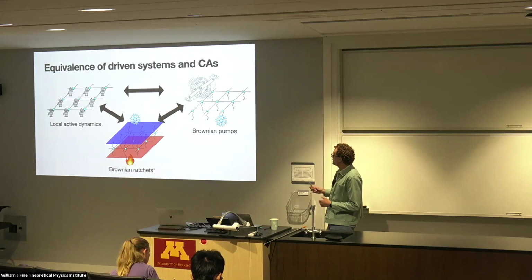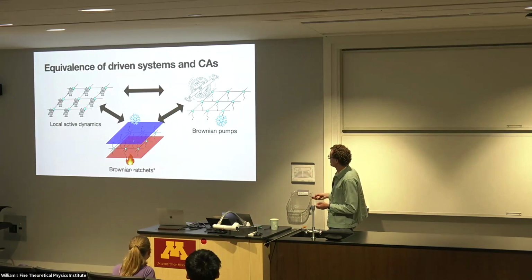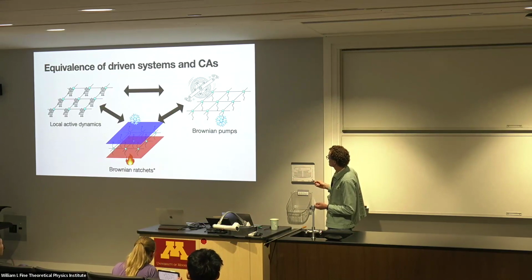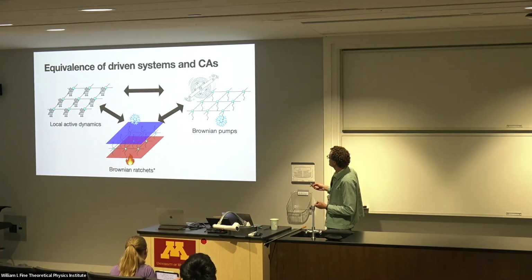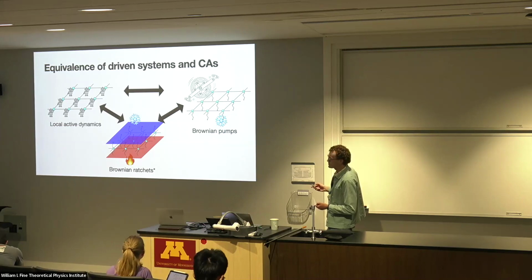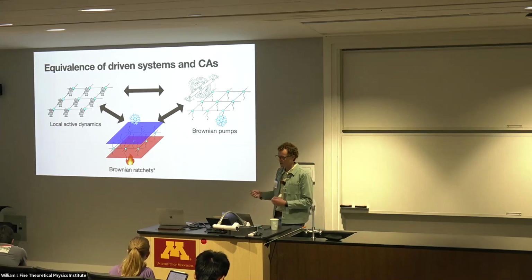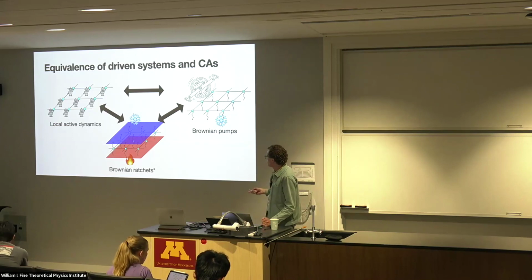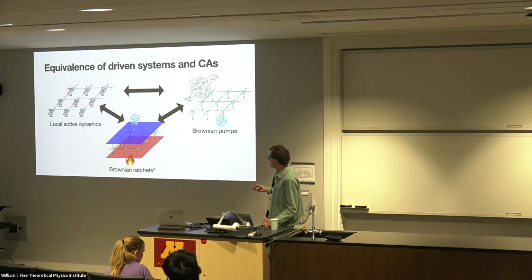What I'm going to eventually get to is an equivalence between what I was calling local active dynamics before, and these simple driven systems. There's what I'm going to call a Brownian pump, where you have some driving and some dissipation, and that's the only source of activity in the system. And then something inspired by this classical Hall system, where now I have a hot side and a cold side of the system.